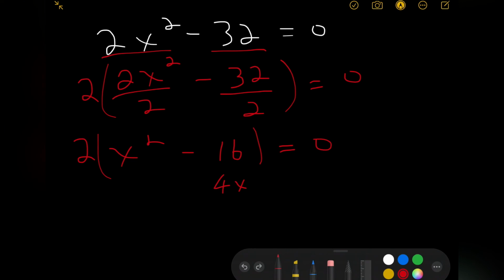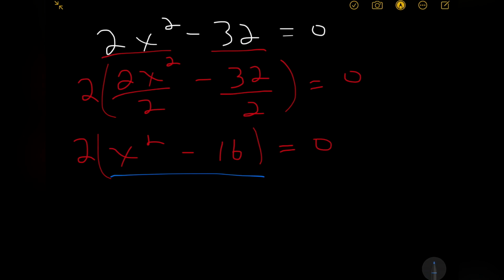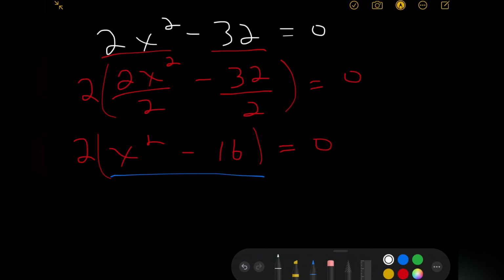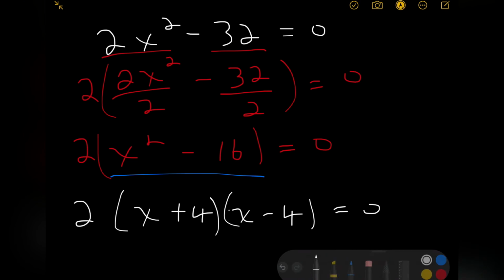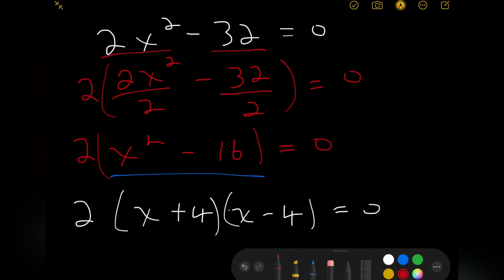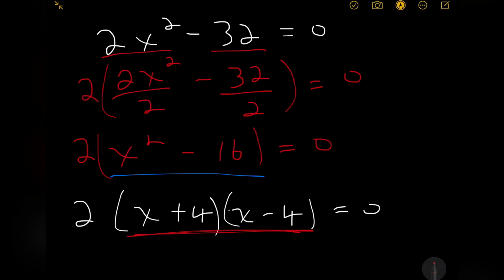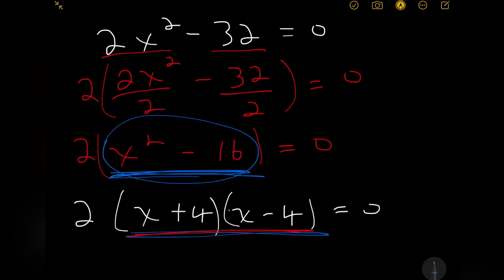So we're going to write this as this. This portion here is the same as this portion here. So if we expand this here, we will get back this.